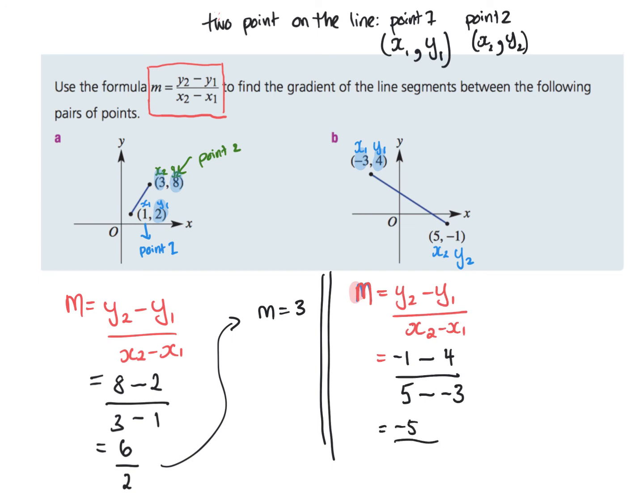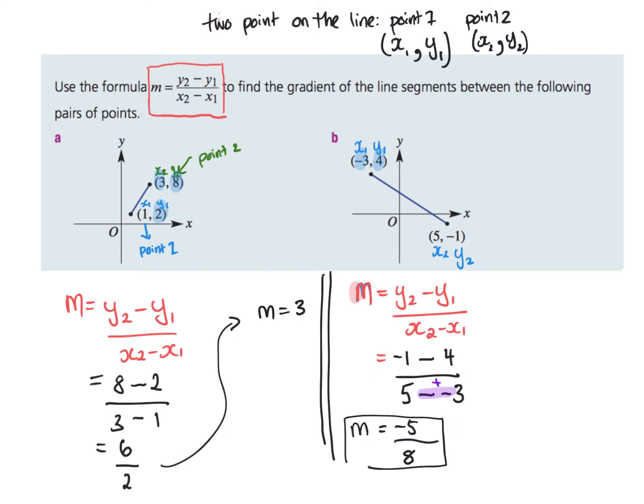But what happens here, boys, when you have a minus and a minus? Does anyone remember? What happens? It's a positive. Yeah, good. This changes to a positive when you're minusing a minus. So that ends up being 8. So negative 5 over 8 is the gradient, and you can just leave it like that.